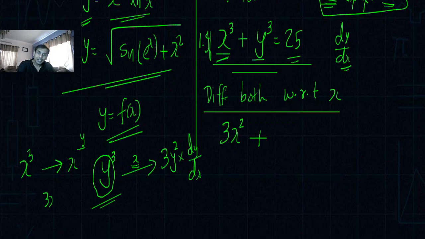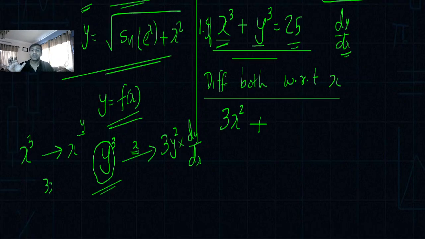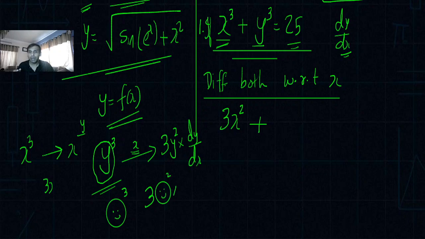If you want to understand the logic, it is very simple: it is our chain rule. Can you tell me the derivative of something to the power 3? According to chain rule, it is 3 into the same thing squared, multiplied by the derivative of that something. So can you see something to the power 3?